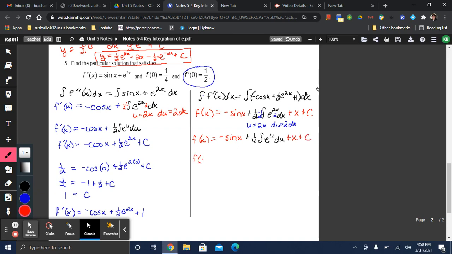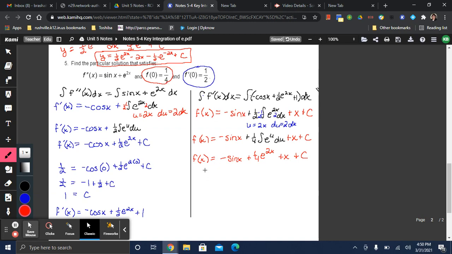So f of x will equal the negative sine of x plus, now we can integrate. So we have 1/4, and it's its own integral. So e to the u, and we can go ahead and substitute in 2x plus the x plus the c. And so now we are using the f of 0 information.